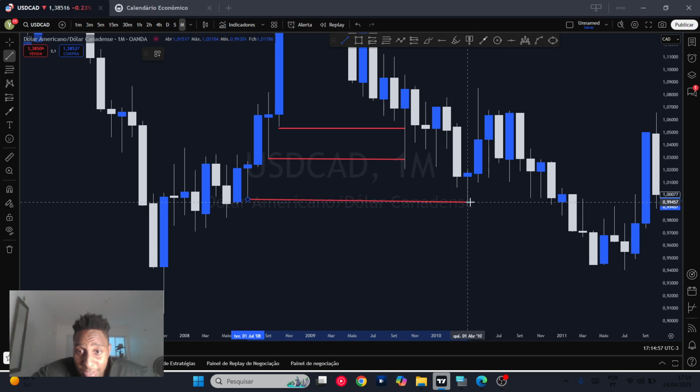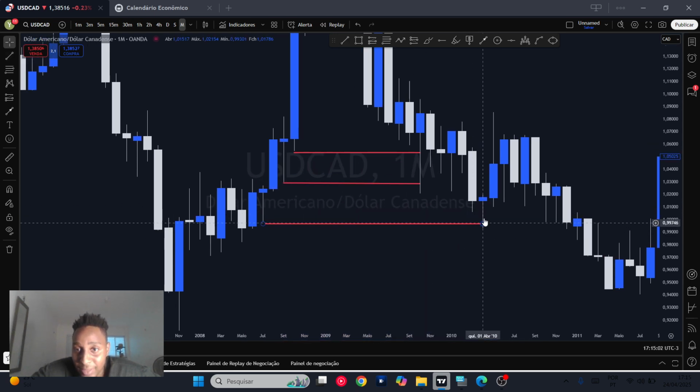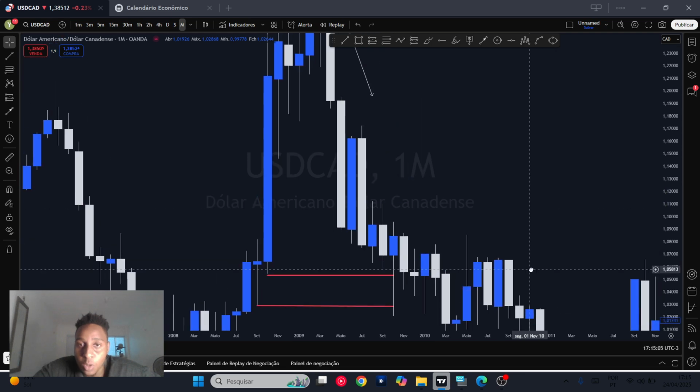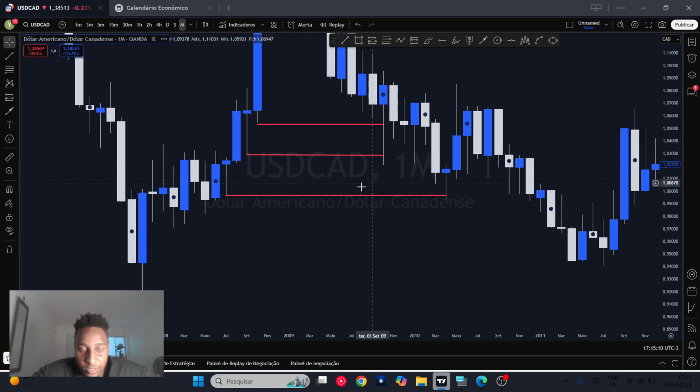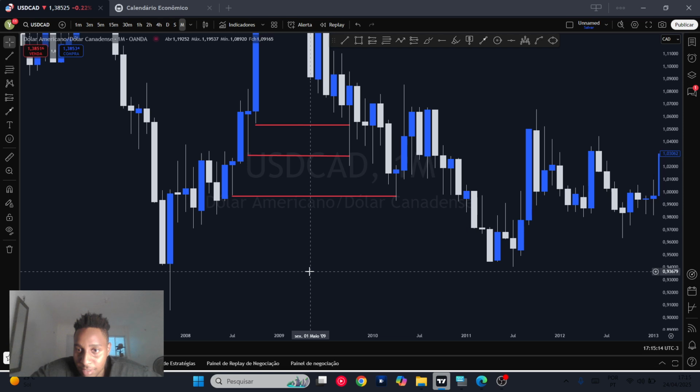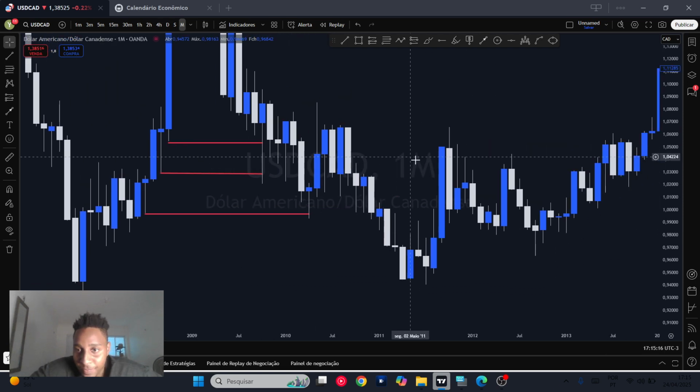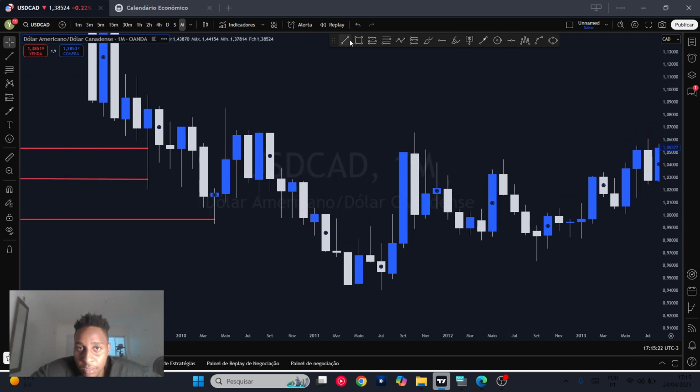This is the monthly time frame, right? Price took the liquidity and went a lot up. All the pullbacks were made after liquidity was taken. So the thing works. So let's see this monthly candle here.